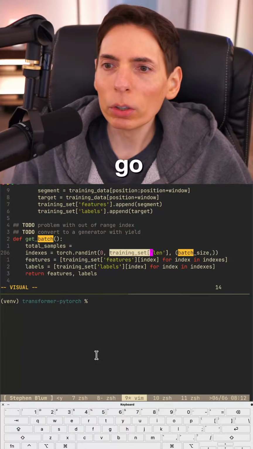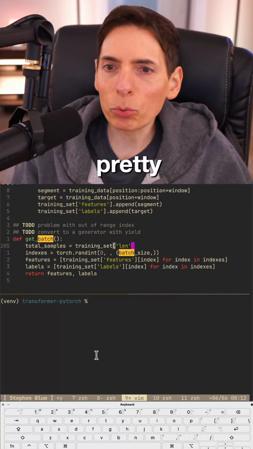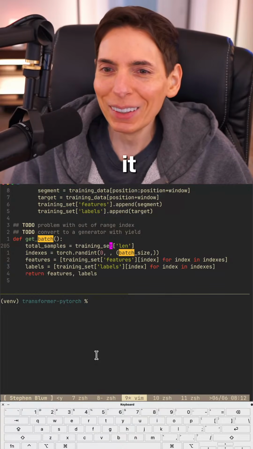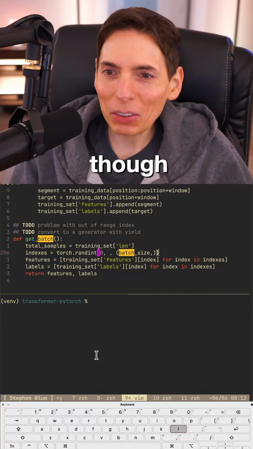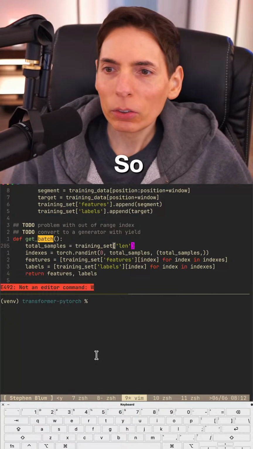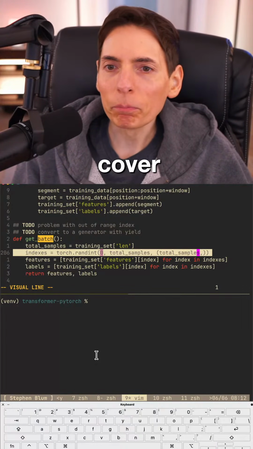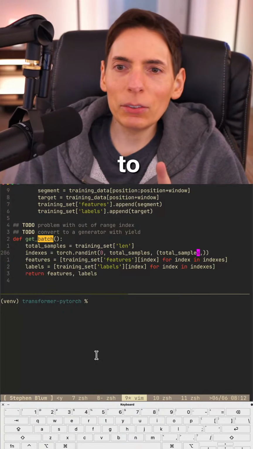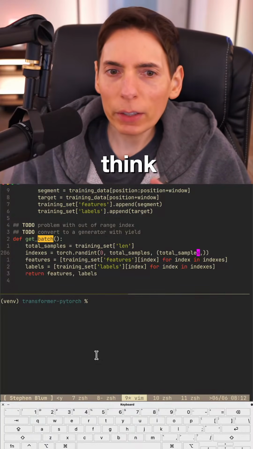So we're going to go training data set length, which I'm pretty sure is that right there. I don't know why I'm making a whole other variable for it. It's fine though. And then instead of having it batch size, we're going to make it the full size, so that way we can fully cover. And maybe it shouldn't be random. We need to do something different because I don't think it's random.